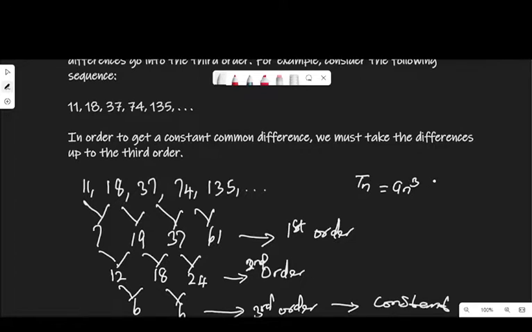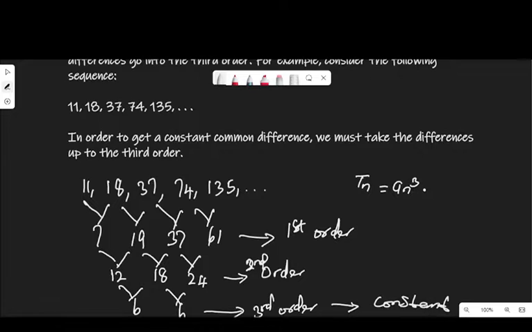Unlike in our previous class where we looked at sequences with quadratic rule, the highest power of n is 2. And for a linear sequence, the highest power of n is 1. So here, discussing sequences with cubic rule, the highest power of n is 3.